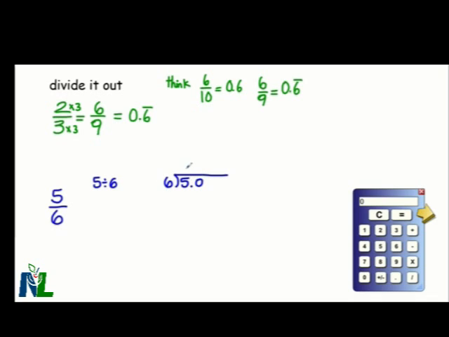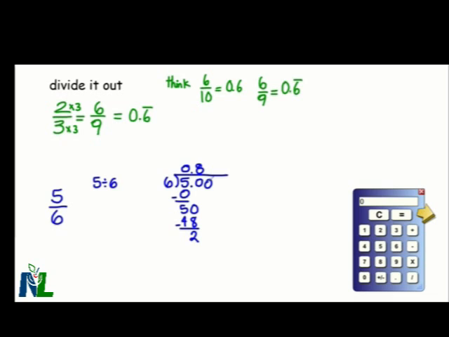Since it won't go at all, place your 0 on top. 6 times 0 is 0. 5 subtract 0 is 5. Bring down a 0. 6 divides into 50 8 times. 6 times 8 is 48. Subtract, and we bring down a 2.